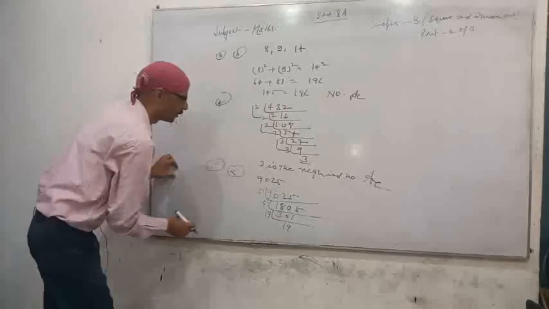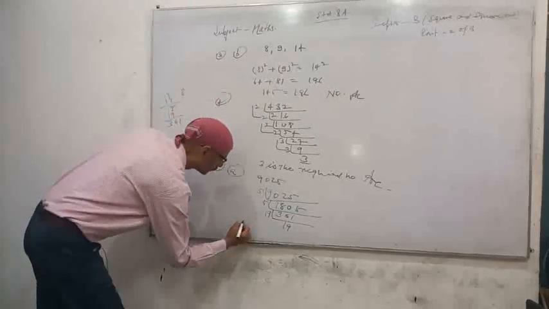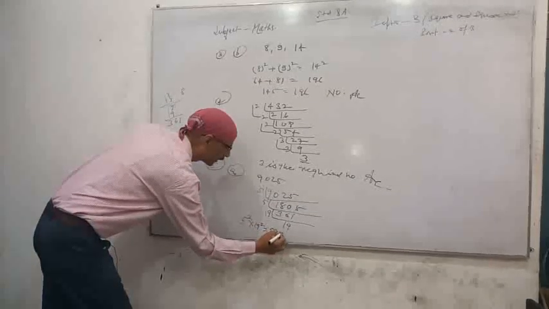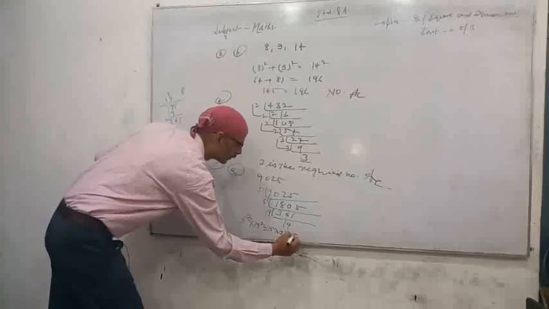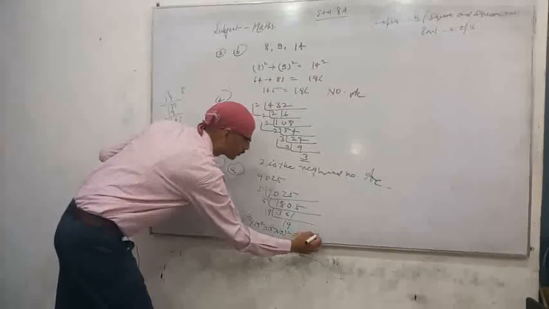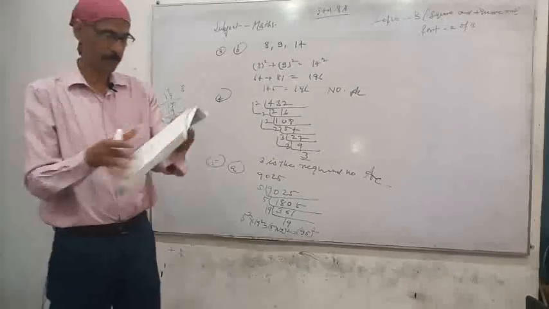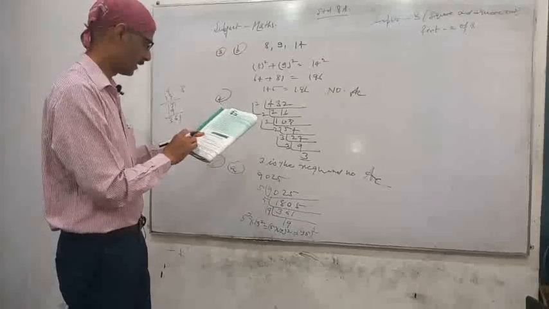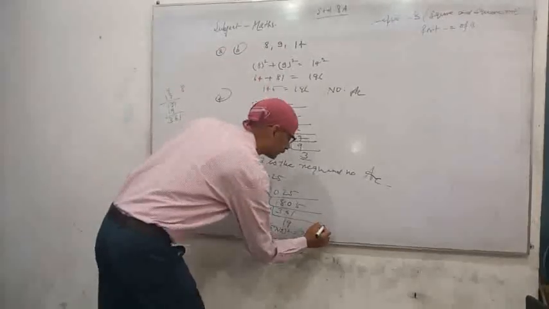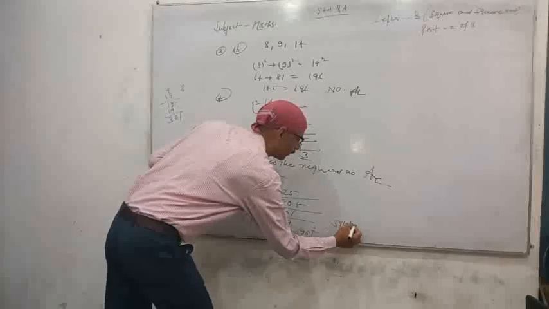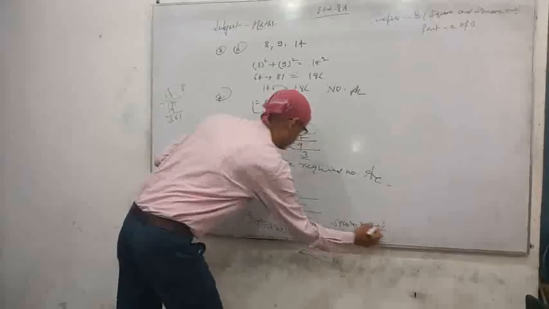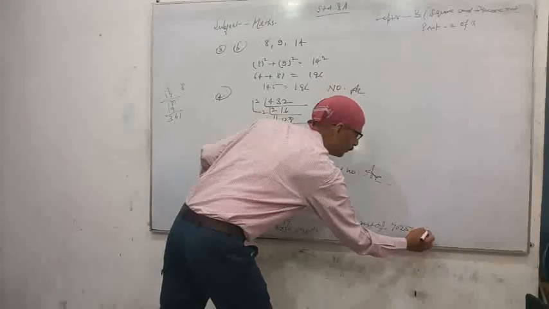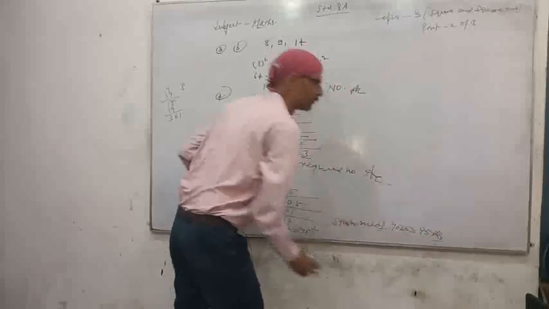So this is 5 square and 19 square, which is equal to 5 into 19 whole square, 95 square. Therefore your question is find the square root of 9025. Therefore the square root of 9025 is equal to 95. Answer.